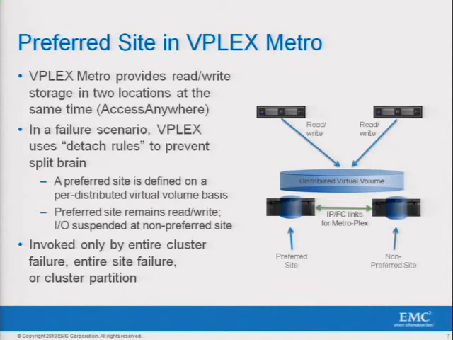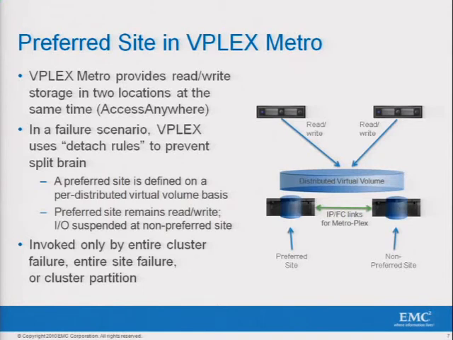That's fine. Other file systems may not necessarily be clustered file systems. NTFS, for example, is not a clustered file system. So you couldn't take a Windows 2008 host on one side and a Windows 2008 host on the other side and join them to the same LUN. Why? A file system issue. Not a vPlex issue, a file system issue. So keep that in mind, okay? But it gives you read-write access.